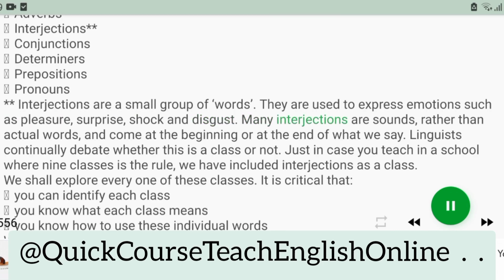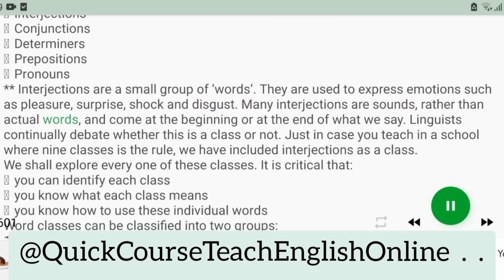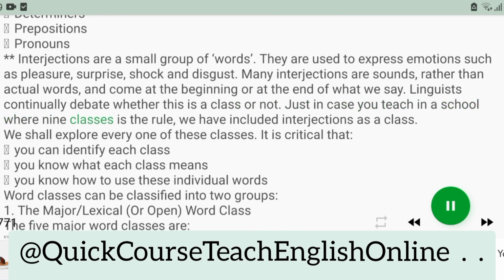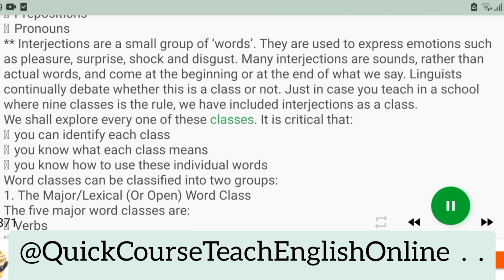Many interjections are sounds, rather than actual words, and come at the beginning or at the end of what we say. Linguists continually debate whether this is a class or not. Just in case you teach in a school where 9 classes is the rule, we have included interjections as a class. We shall explore every one of these classes.